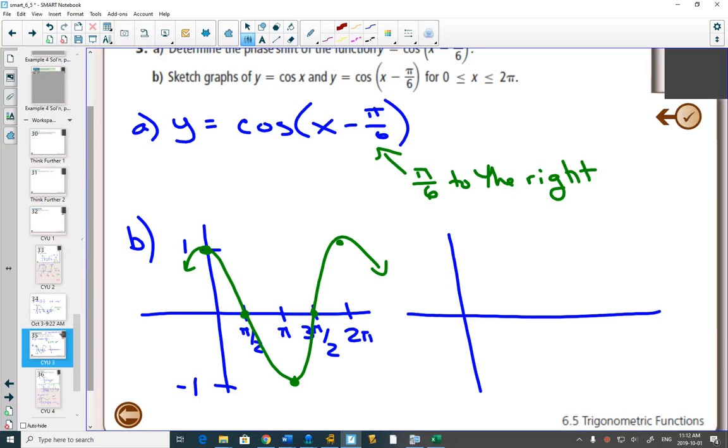For showing the phase shift, I'm going to keep those values that I have, and now I'm going to think, with my use of fractions and understanding of fractions, where would pi over 6 be? Because I need to go pi over 6 to the right. I'm going to mark it in on purple here.